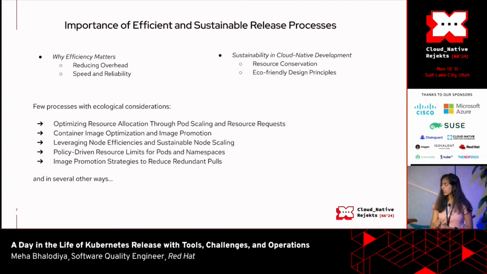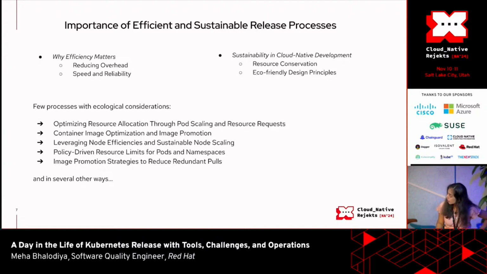By focusing on resource optimization, efficient CI/CD practices, node scaling, and image management, Kubernetes practitioners can contribute to greener cloud technology. These strategies ensure that Kubernetes clusters are not only performant and reliable, but also have a reduced environmental impact. These practices help Kubernetes become a model for sustainable cloud native deployments.